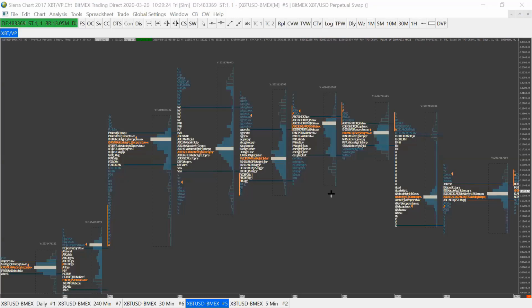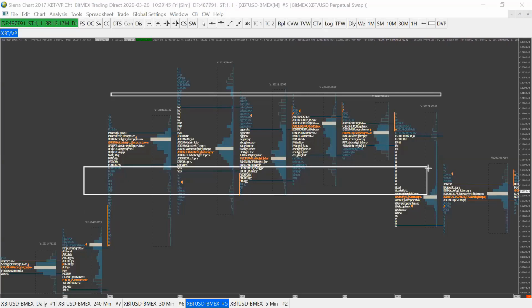And so generally speaking, when price is in a range like it is here, over a period of 6 or 7 days, we want to be taking entries around where volume starts to taper off. If you were to look at a composite chart, these would be your low volume nodes.